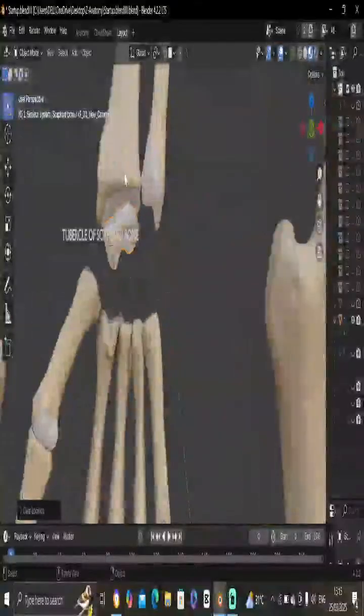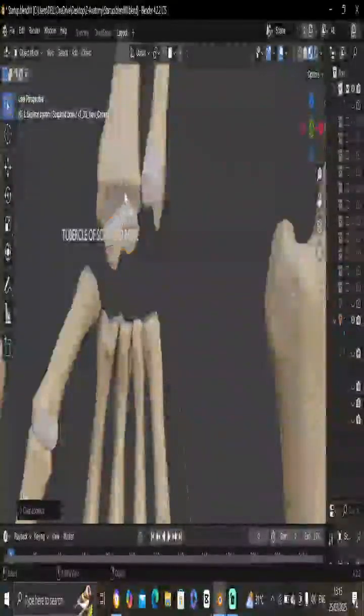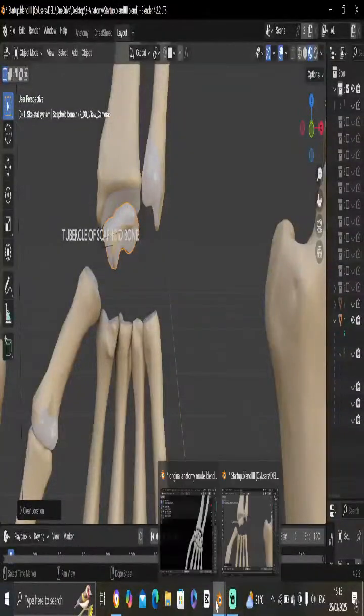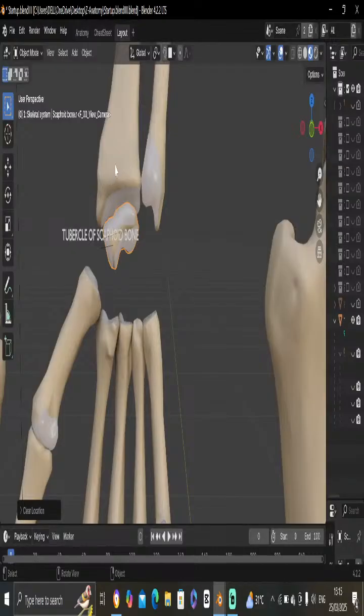In fact, the majority of the wrist joint, the radiocarpal joint, is formed by the radius and the carpal bones. Because it is formed between the radius and the scaphoid, the bulk of that joint is formed by the radius and the scaphoid.